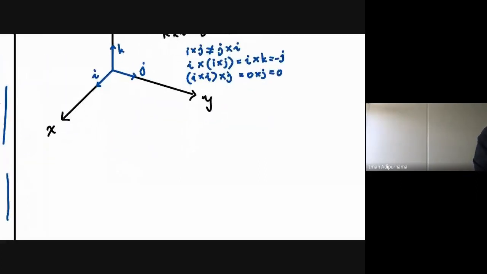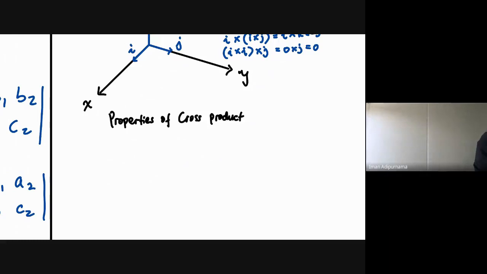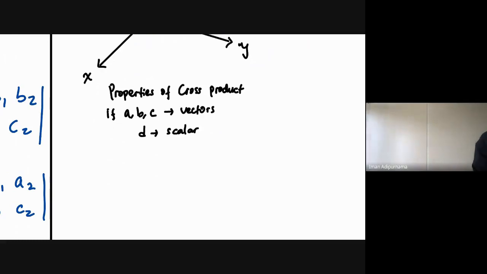Okay, some properties of the cross product. So if A, B, C are vectors, and D is a scalar.